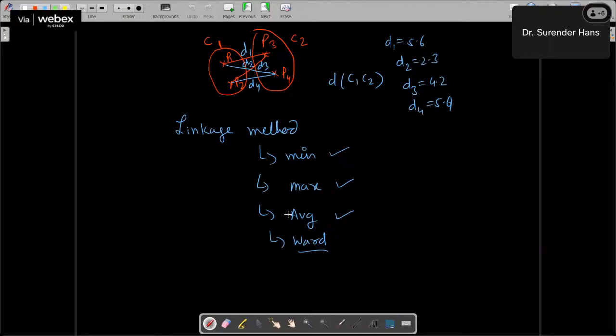Actually, the linkage is the criterion that determines the distance between sets of observations, as a function of the pairwise distance between the observations. There are several such methods, each defining the distance between the clusters differently.